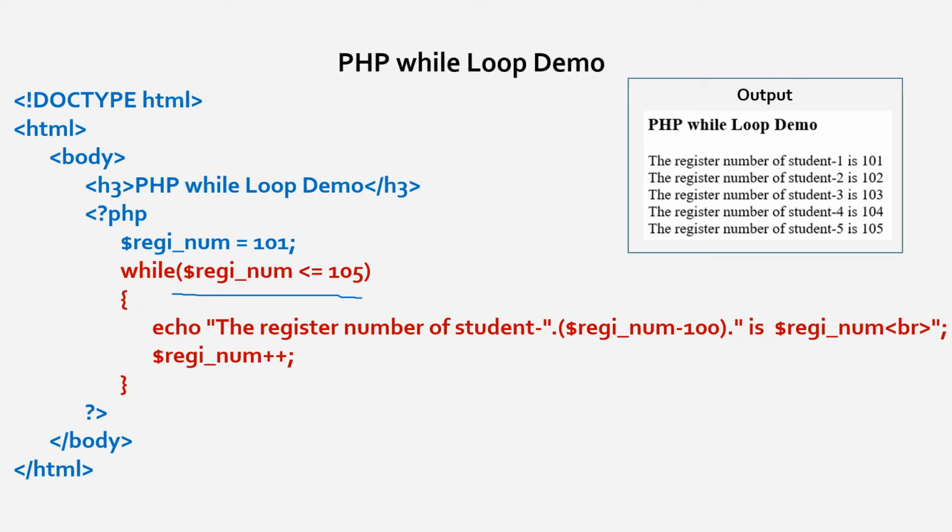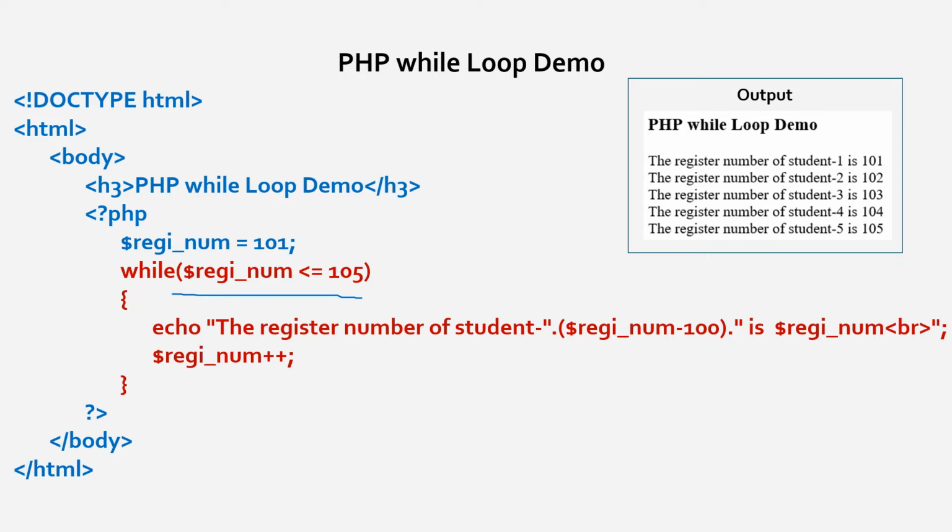That will keep on displaying, then incremented, and it will keep on displaying till the condition, when it becomes 106, less than or equal to 105, fails. At that time it will come out. So only this much will be printed. This is the output.